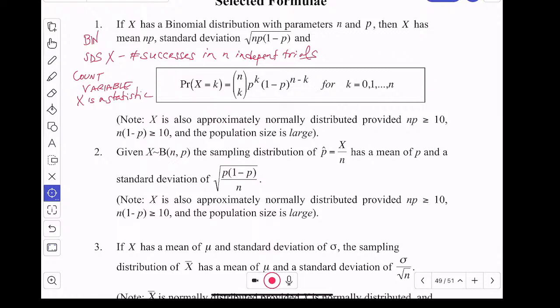Well, the fact is X is binomial with parameters n and p, with mean, so I use this notation, np and standard deviation square root of np(1 minus p).